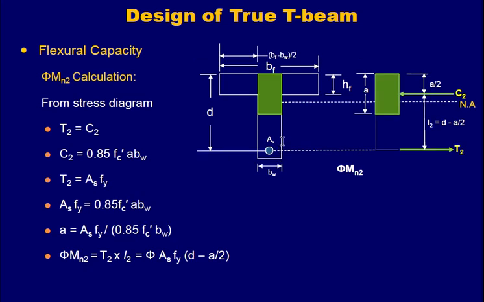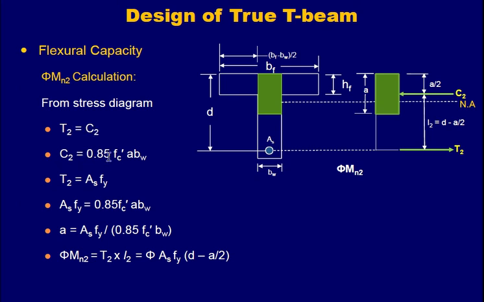Now coming to the second portion, where we are using the compression in the web. In this case, the depth of the block is small a and the width is bw. As I mentioned on the previous slide, we will be using T1 and T2. So T2 is equal to C2.